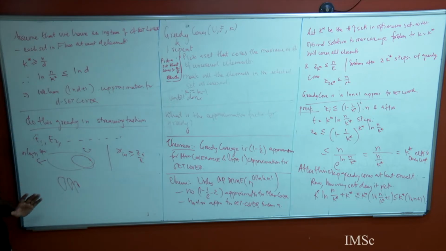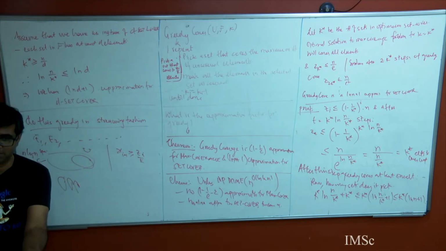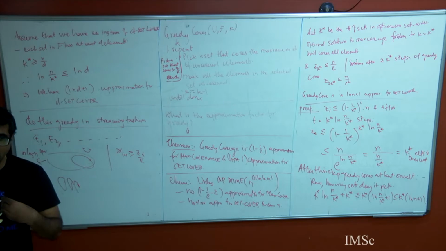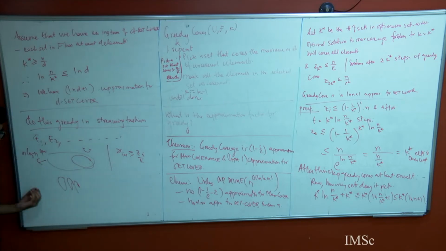But if I just wanted to return you the number of sets I need, that's very easy with n log n, right? For one set I anyway would take n log n space. So if I'm happy with the number you provide me, then that's very easy to maintain in n log n space.